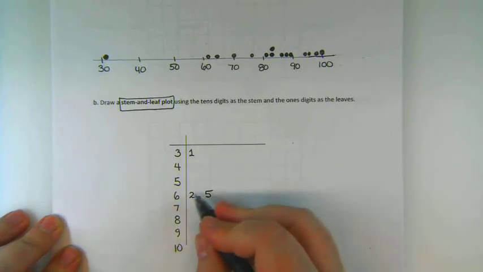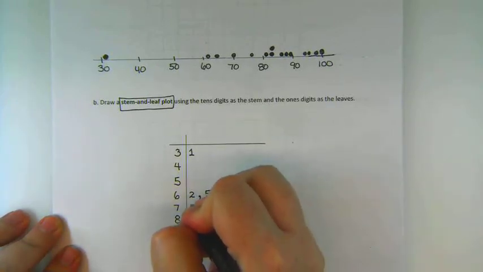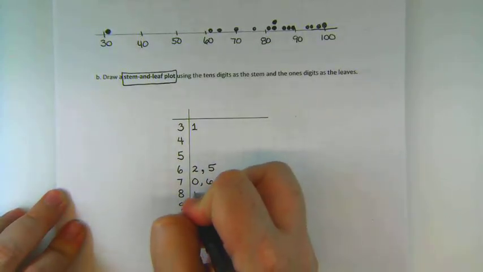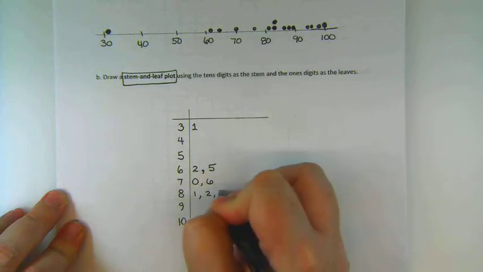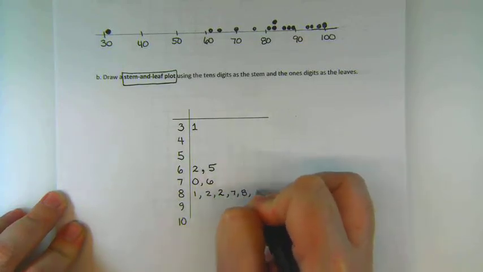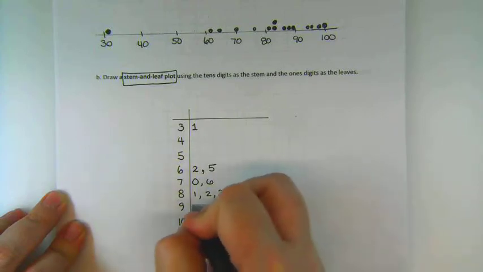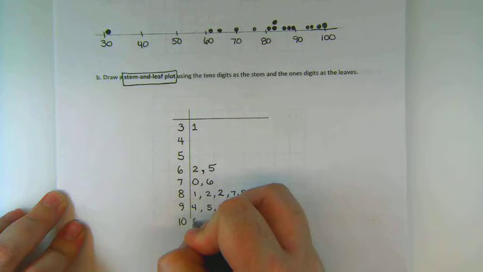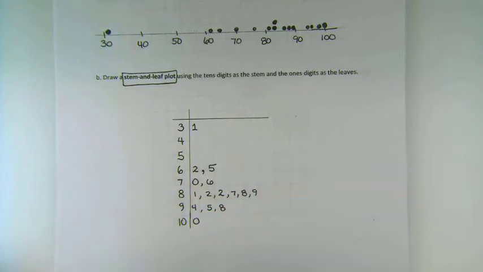So you just write a comma and list those ones values. We have a 70 and a 76, 81, 82, and then when there's a repeat, you just list it again. 87, 88, 89, 94, 95, 98, and then 100. And that would be our stem and leaf plot.